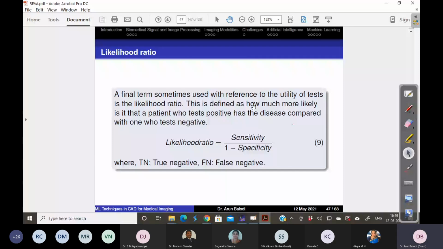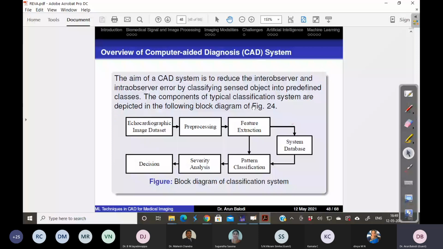So now I will take you to a direct problem which we have solved, and we got a paper on this. The problem: a CAD system to reduce the inter-observer error by classifying sensed objects into predefined classes. The problem is very simple: we collected an electrocardiographic image dataset, then did some pre-processing for noise removal.